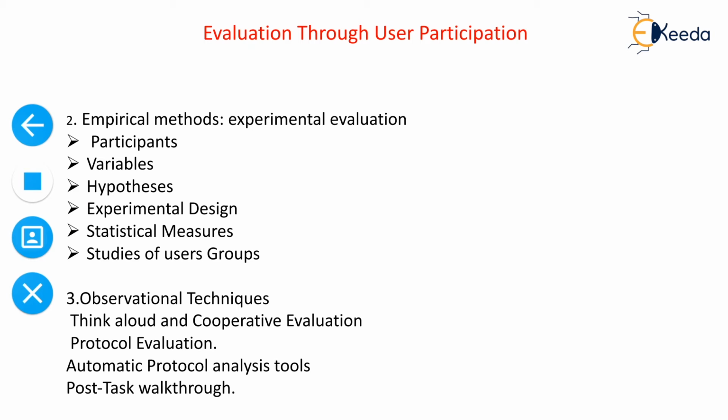Next is observation technique, and studies of user groups. This is about defining your users: studying your user group, like what type of users use this system, how they will use it, what they actually want, and whether this is right for these users.